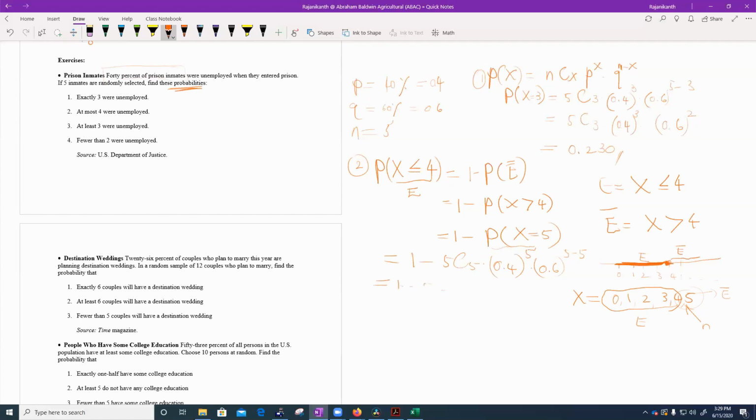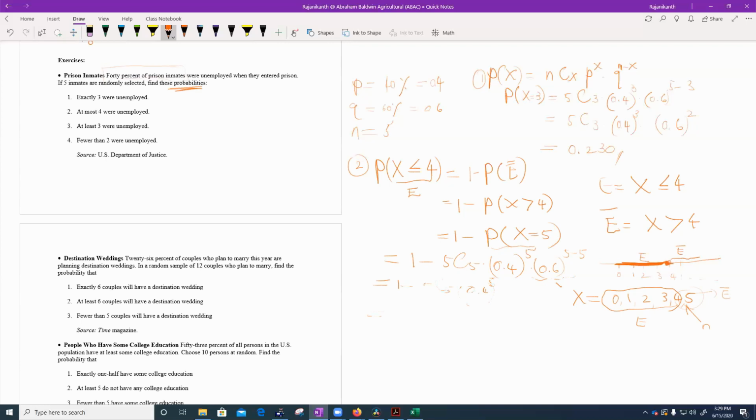When you simplify, this is 0.4 to the power 5. 5 minus 5 is 0, and any number to the power 0 is 1. So these are just 1. Take your calculator and simply find out this value.